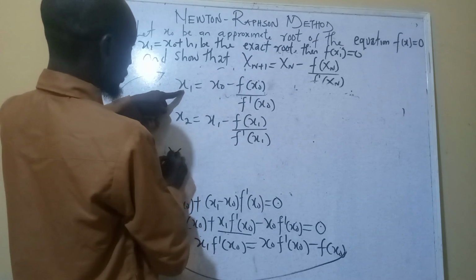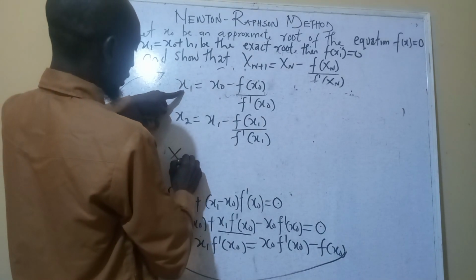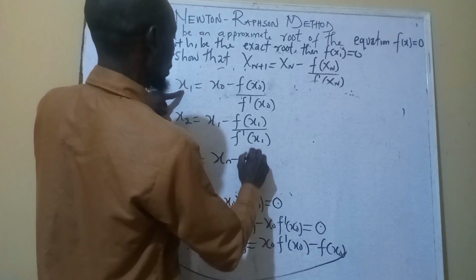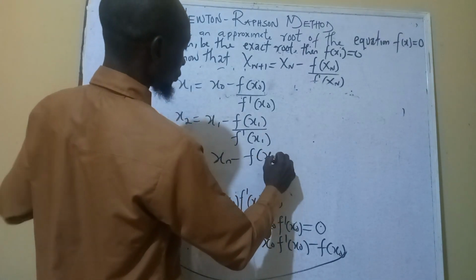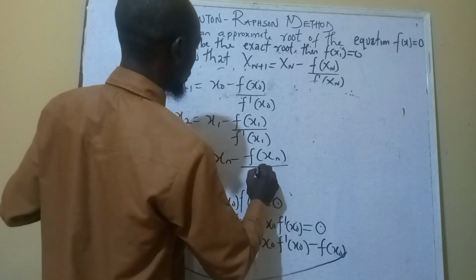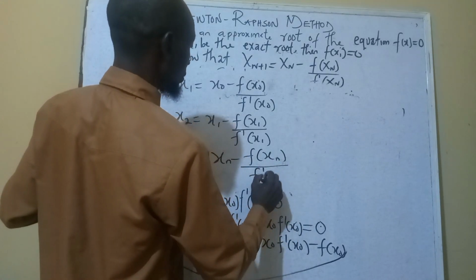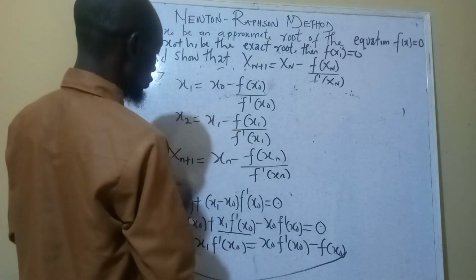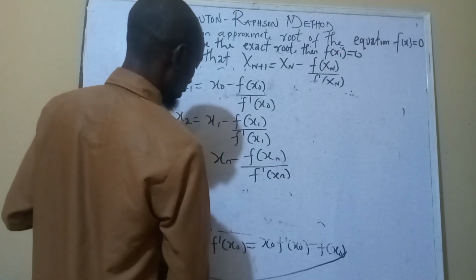I can now conclude that x n plus 1 equals x n minus f of x n over f prime x n. So this is how to prove the Newton-Raphson method.